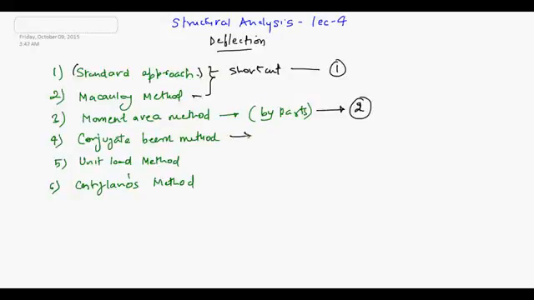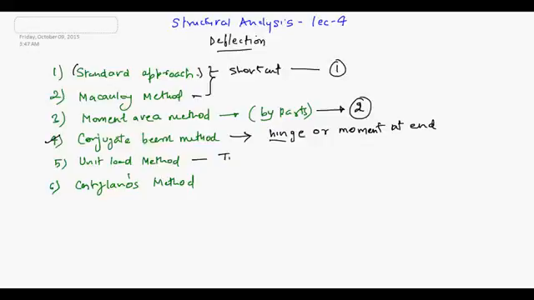Conjugate beam method you will use whenever you see a hinge, or when the moment at the ends is asked in the question. It is very important that you know when to use which method.